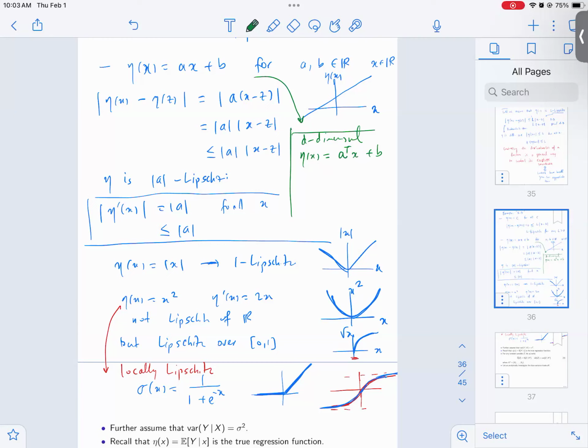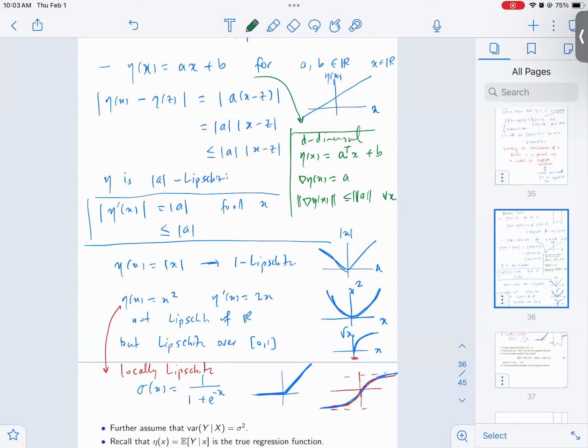Then you can take the gradient of eta of x, which would be A. So the norm of the gradient is bounded by the norm of A for all x. So it's Lipschitz with the value which is the norm of A.